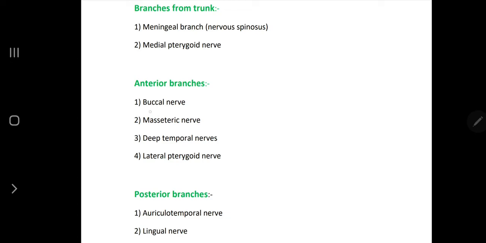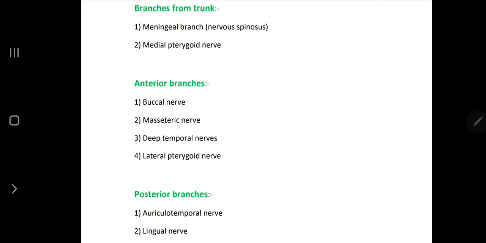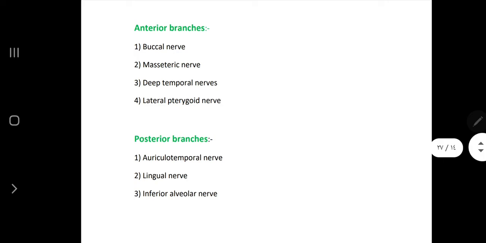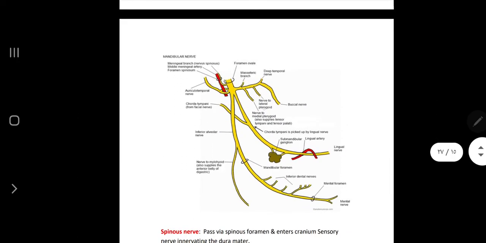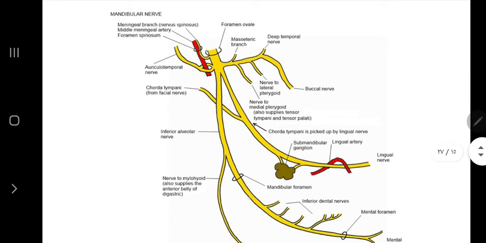Anterior branch gives branches: buccal nerve والmasseteric nerve والdeep temporal nerve والlateral pterygoid nerve. أما بالنسبة للposterior branch ثلاث تفرعات يحتوي auriculotemporal nerve والlingual nerve والinferior alveolar nerve. هاي الصورة توضح المانديبولار نيرف من دخوله من الفورامين أوفالي وجميع تفرعاته.